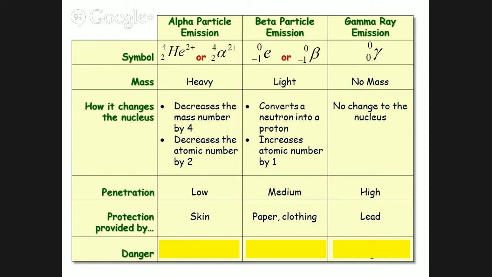If it's not lead, you basically need several feet of concrete to stop gamma radiation. So the highest penetration needs the most protection, and of course it is the highest danger. So we worry more about gamma ray radiation in terms of being dangerous for you than we do about alpha particles.